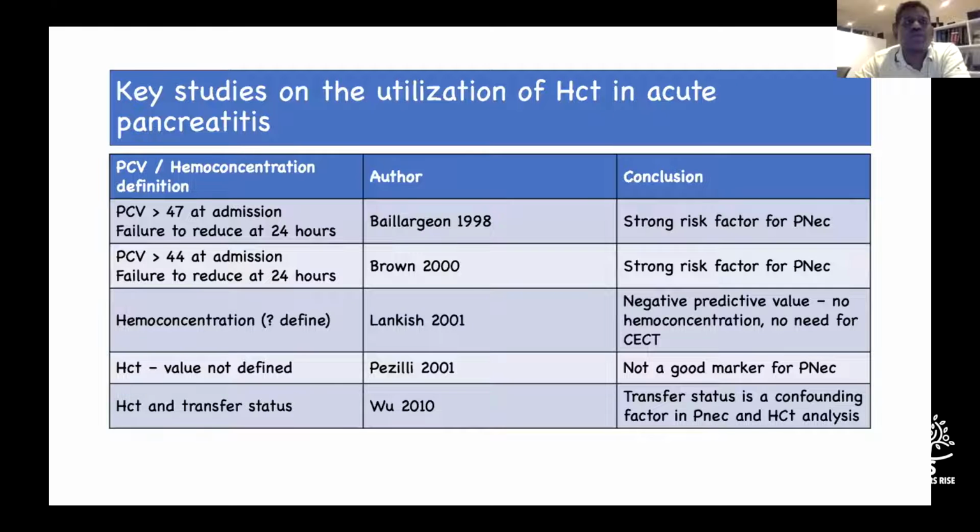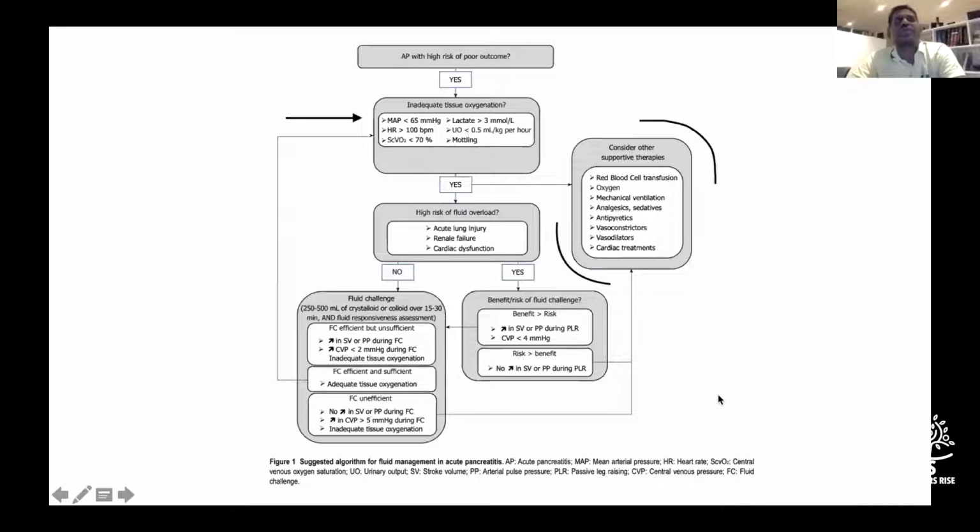Using all these multiple goals, I have put up a suggested algorithm. You can assess inadequate tissue oxygen, assess the risk of fluid overload, and then give the fluid challenge. There are supportive therapies like blood cell transfusion, oxygen, and mechanical ventilation.